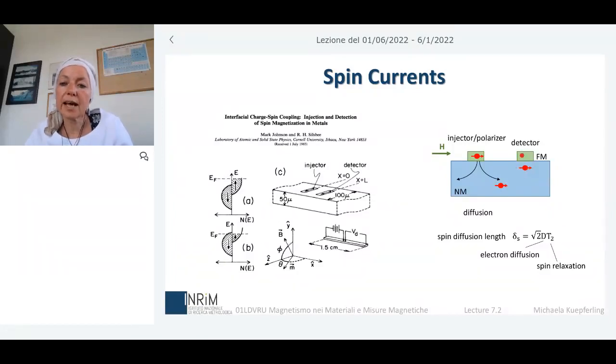So this is a nice way also to measure the spin diffusion length, because of course you have to consider that the distance between the injector and detector still has to be smaller than the spin diffusion length. Otherwise, this will not work, because if I lose my spin information in between, then I cannot detect any spin current, of course.